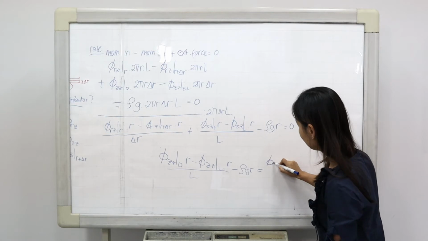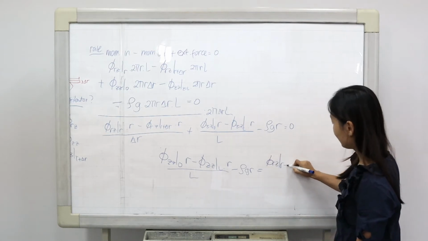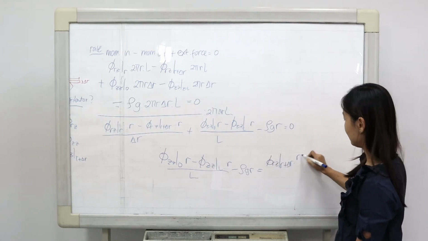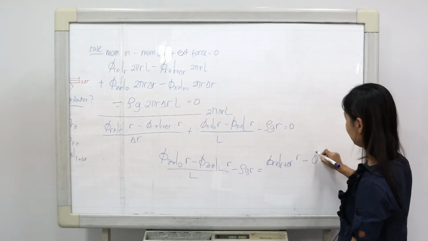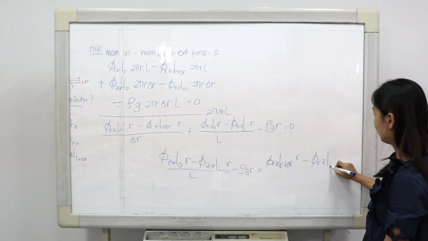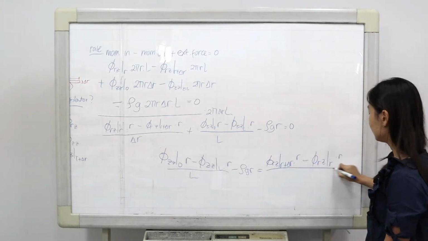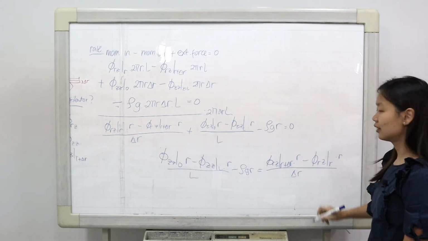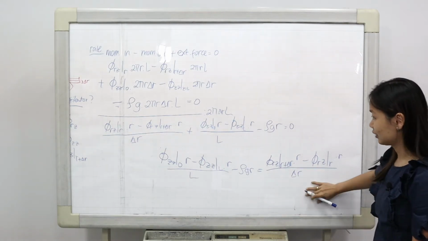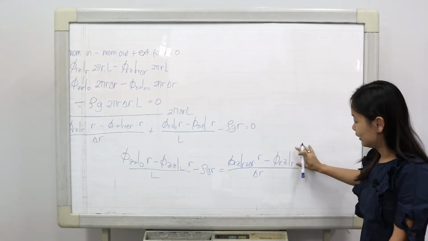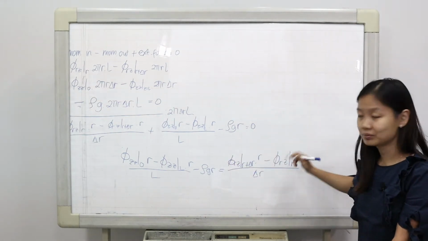So I can write VRZ at R plus delta R minus VRZ at R times R, divided by delta R. This is the differential form.